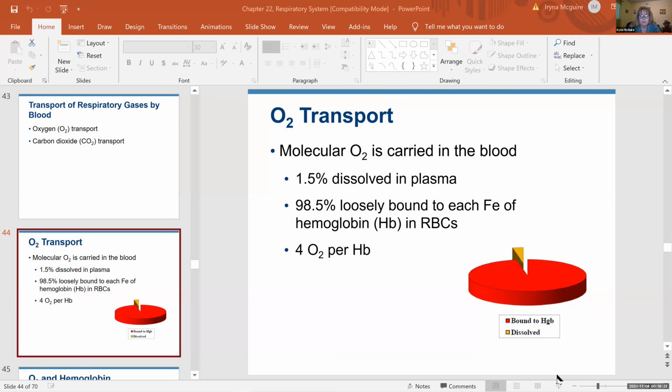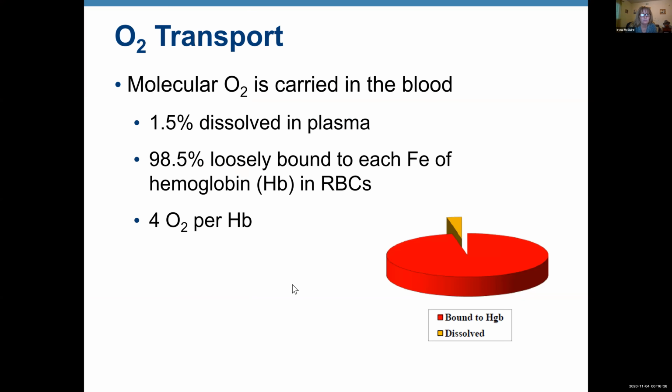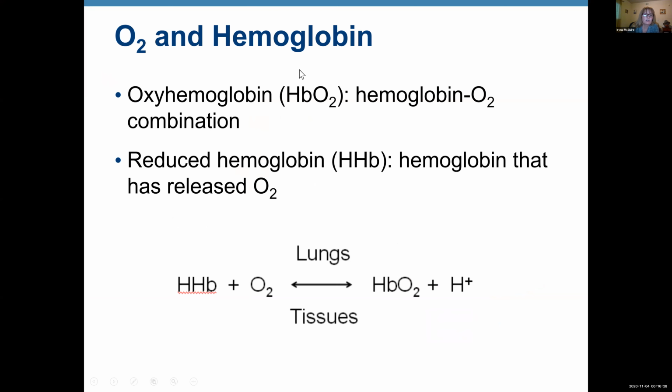Okay, so that's the transport of oxygen. Now oxygen and hemoglobin. When oxygen is attached to hemoglobin, we call it oxyhemoglobin. So it's a hemoglobin-oxygen combination, makes sense. And when hemoglobin loses oxygen, we call it reduced hemoglobin, right?